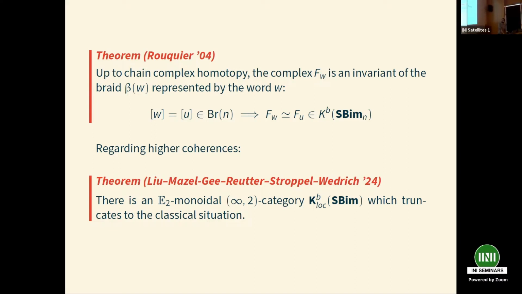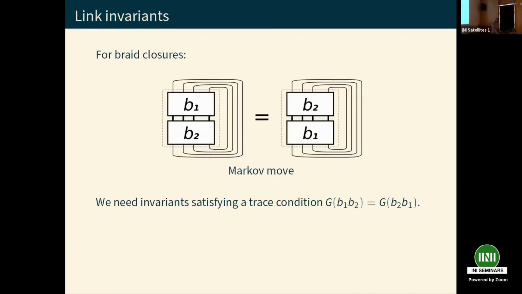But as I said in the beginning, what I want to do instead is use the Soergel bimodules to talk about links. So we already have braids, and you can get links by closing them, by joining the opposite ends of a braid. If you want to get a link invariant, you better satisfy these Markov moves.